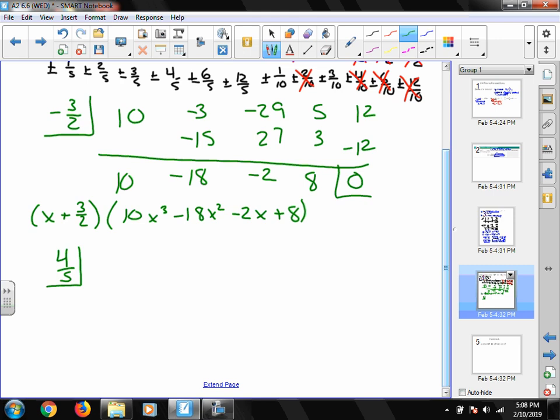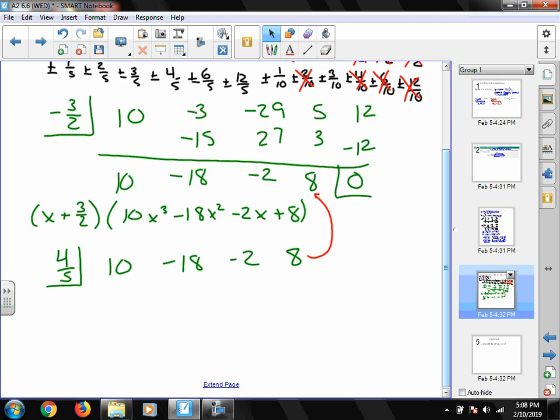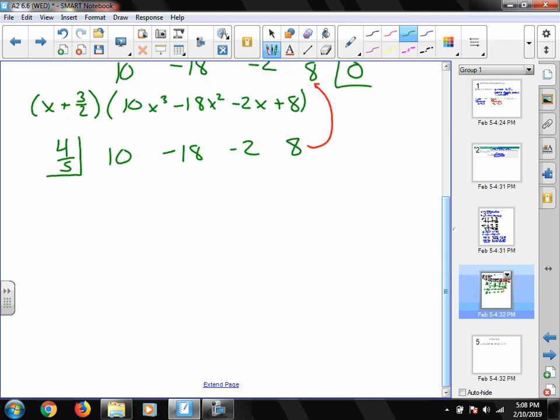So I'm going to go 10, -18, -2, and 8. Notice these numbers are all the same from right up here, from our last synthetic division. That's not a coincidence. That's how it works. Drop my 10 down, times 4/5 is going to give me 8.